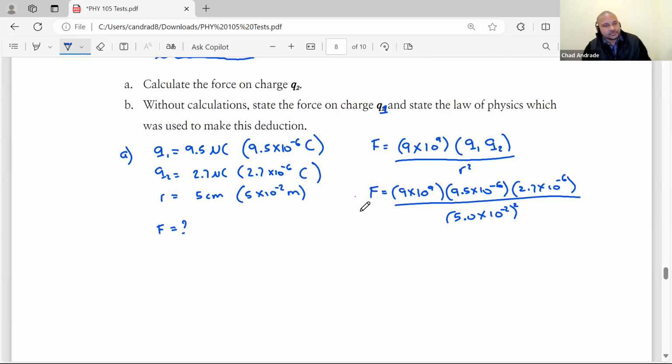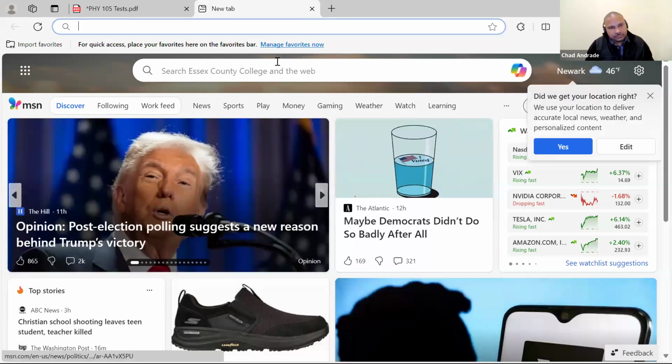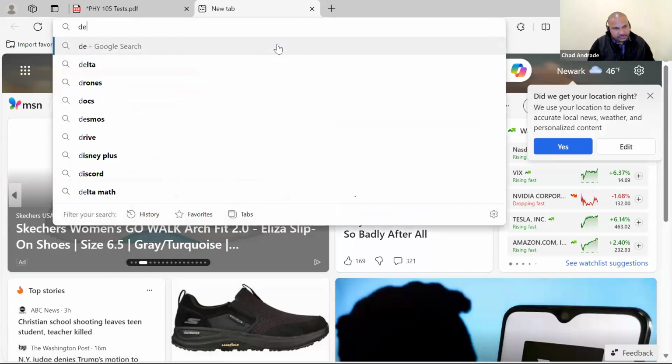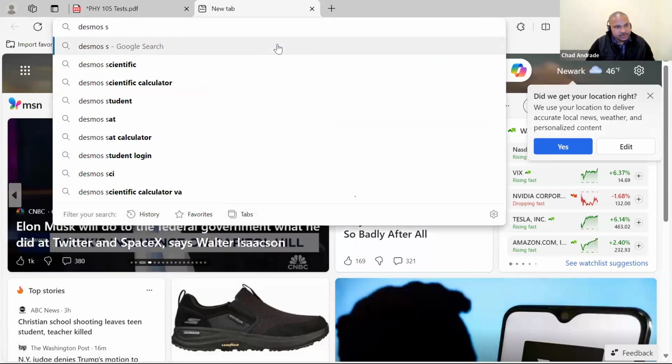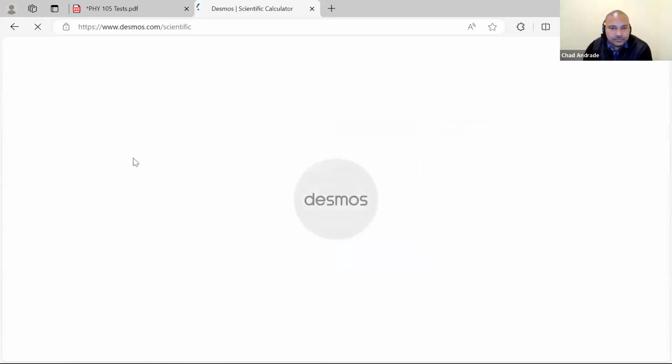All right, so here's how we're going to do it. I'm actually going to put that in a calculator with you guys. Let me jump to this, the Desmos scientific calculator.